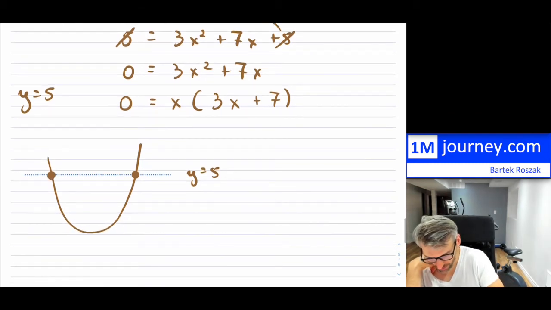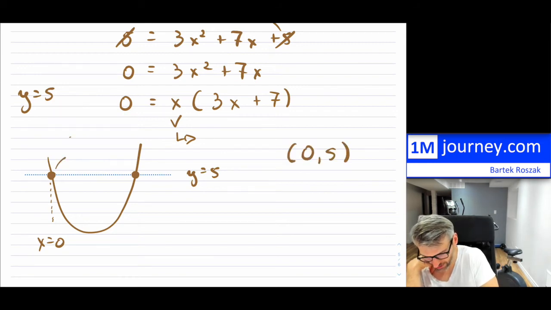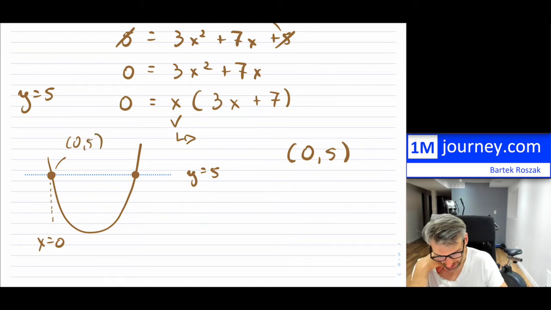One of those points happens at x is equal to 0. So one point is (0, 5). That's this point, (0, 5). And then the other point comes from here, which I'm going to set to 0. That's going to give me 3x plus 7 is equal to 0.